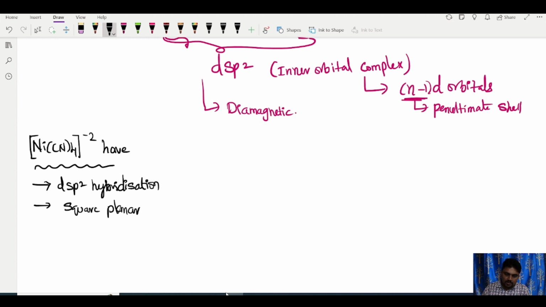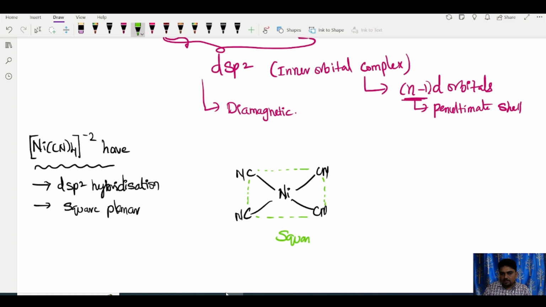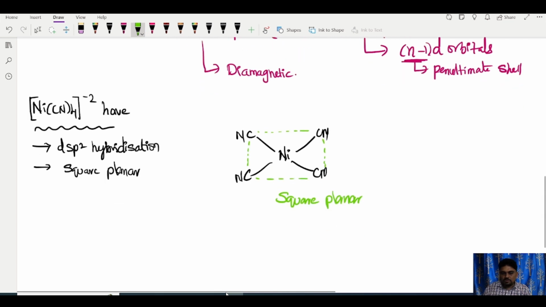Square planar means nickel with cyanide on each of the four corners. So here the geometry will be the square planar geometry. Okay, it looks like a square planar geometry.